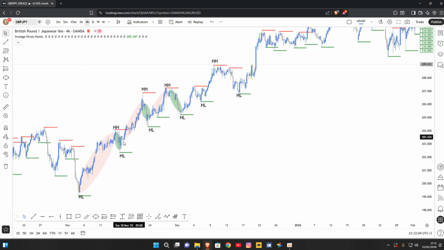It will help you so much to identify the exact areas you need to be focusing on. And I told you that the uptrend is made up of push, pull, push, pull.